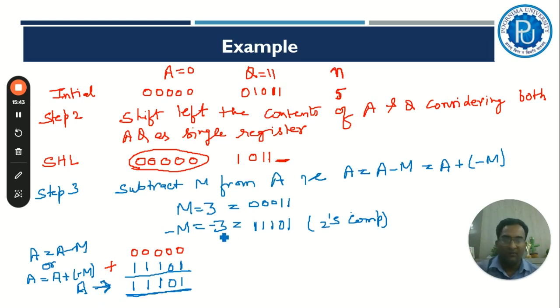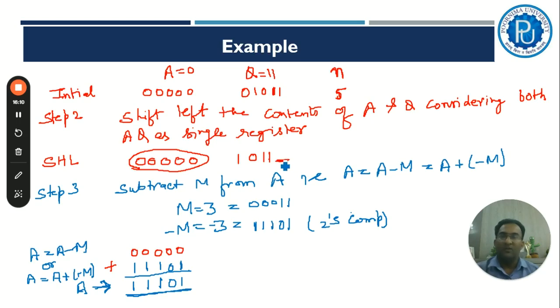So till now what we have done, we have initialized the values of accumulator, the Q and the N. Now we have started with the step number 2. Step number 2 is what? We have to shift left the contents of A and Q, considering both of them as a single register. So if we shift left both the values, during this operation, the last bit of the Q will remain vacant.